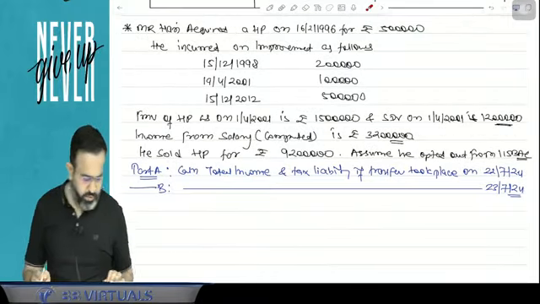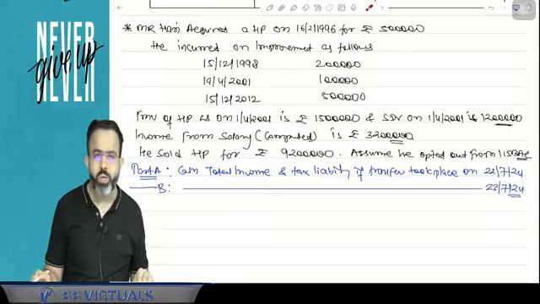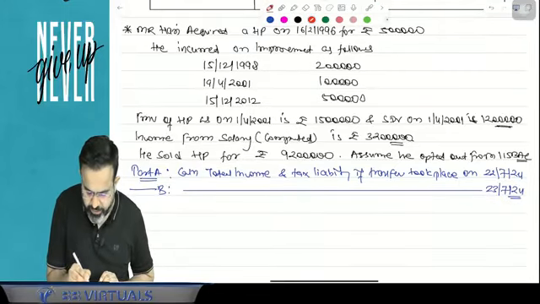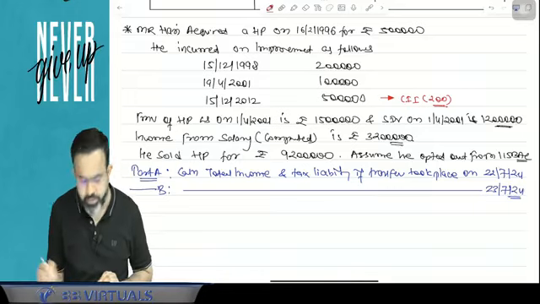Okay, many people don't know the index number of 2012-13. The 2012-13 index number was 200. CII 200.